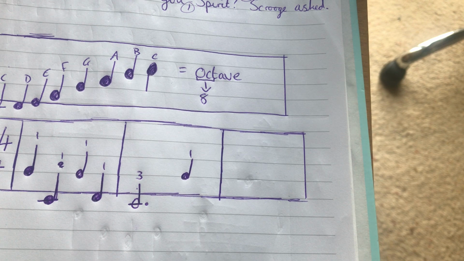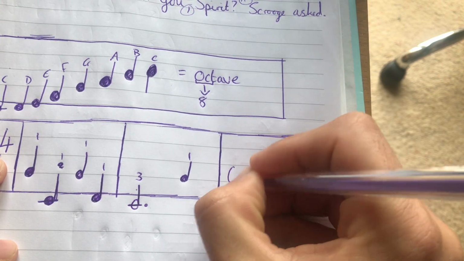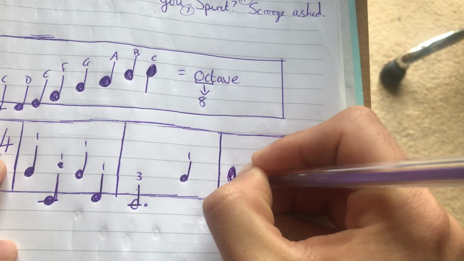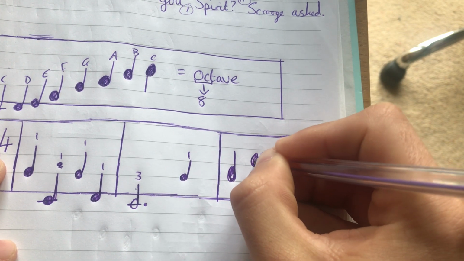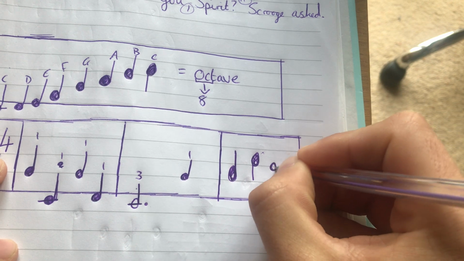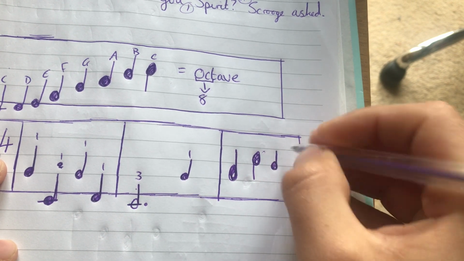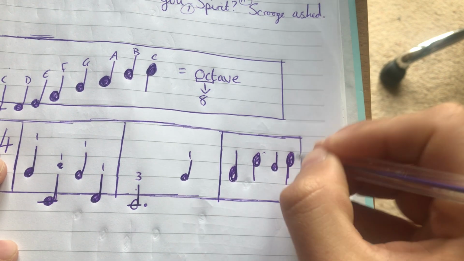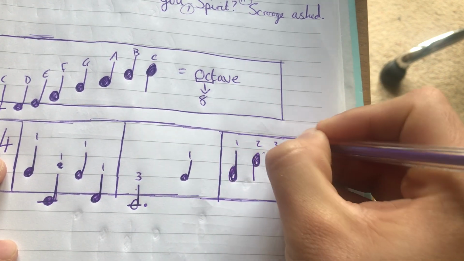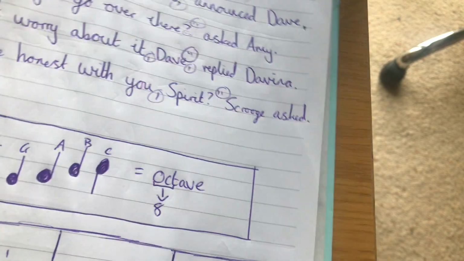So, what did I just do? A, C, B, C. 1, 2, 3, 4.